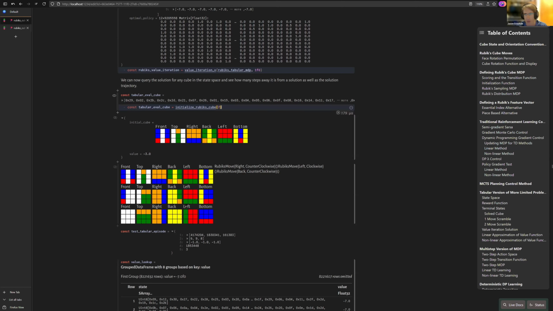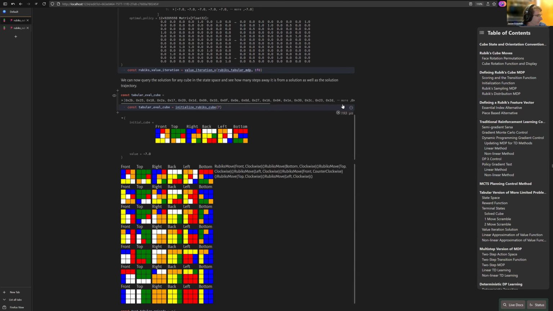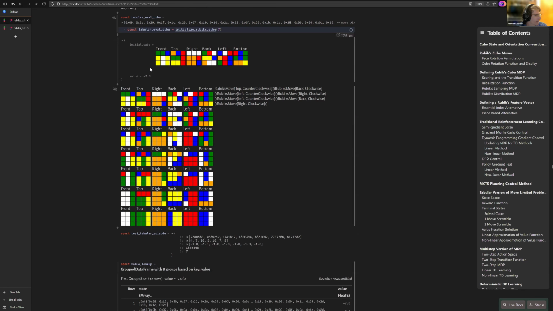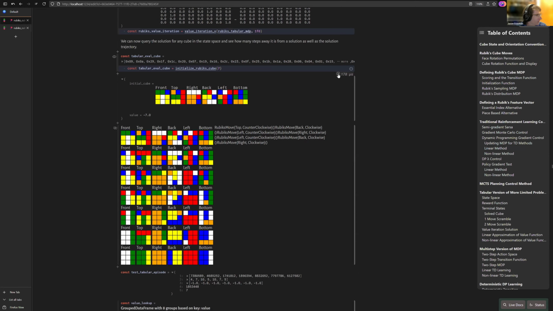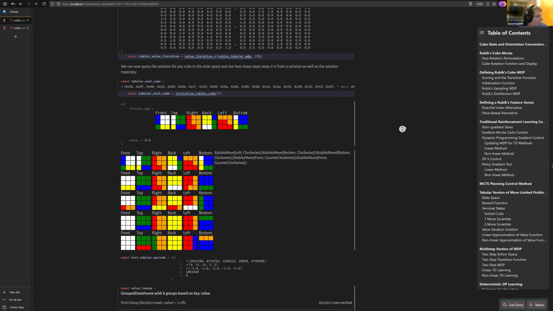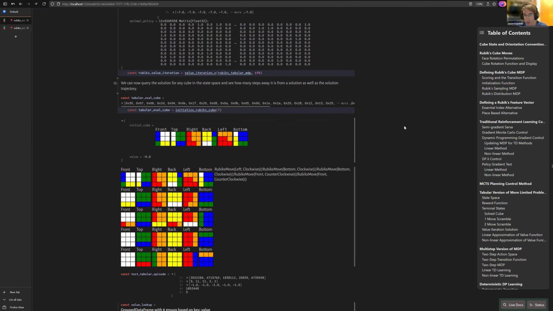The final move is omitted here, but the final move just makes this a solved cube. And if we initialize this a few times, this value here will match how many moves it actually takes to solve this, right? So oftentimes we get 7, but here, we get -5 because this happens to be only 5 moves away from getting solved. So what I'm showing here is an exact solution.